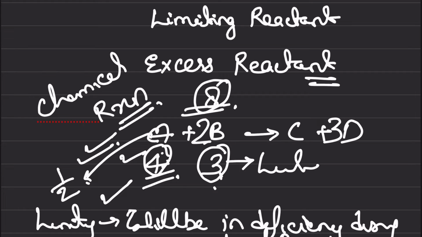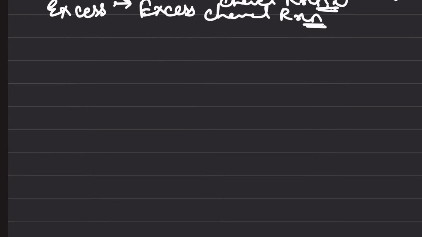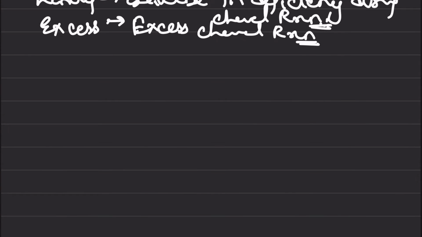So B is the limiting reactant and A is the excess reactant. This is the equation which we have to see.